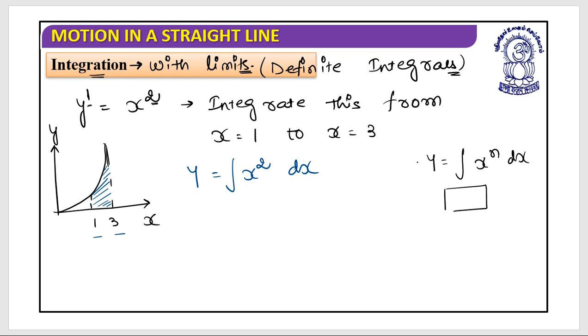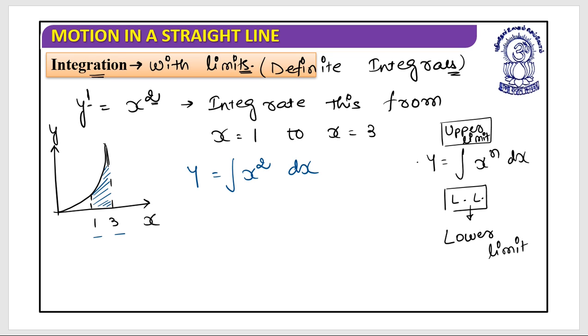At this place you are going to write the lower limit, and here the upper limit. One is the lower limit, one is the upper limit.